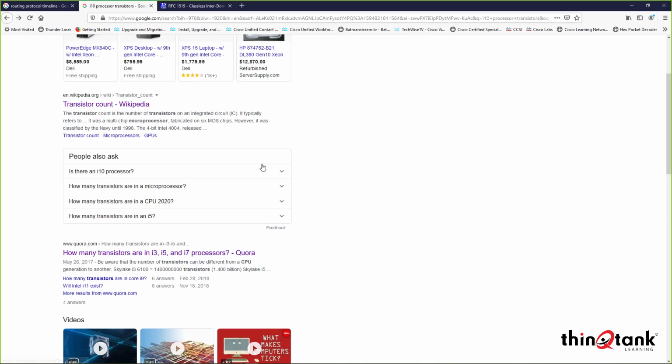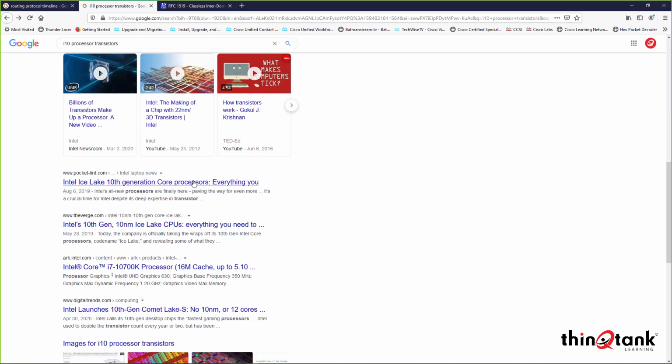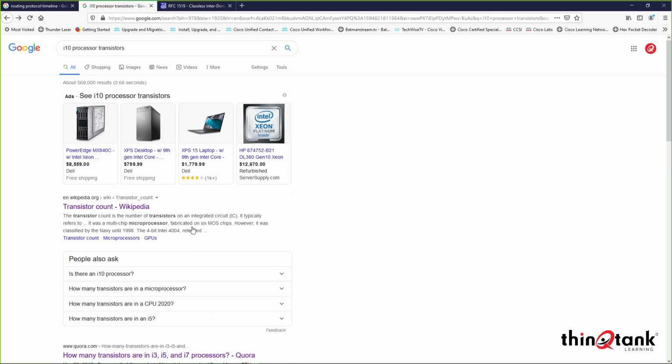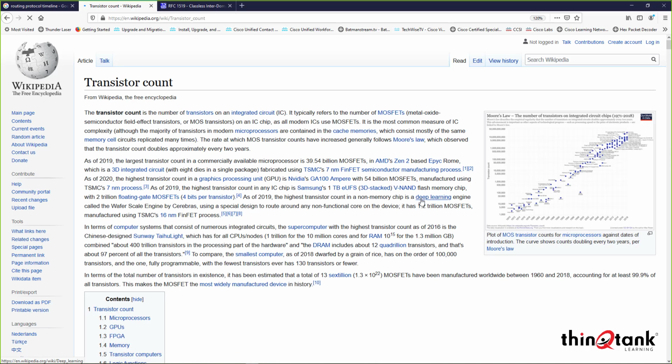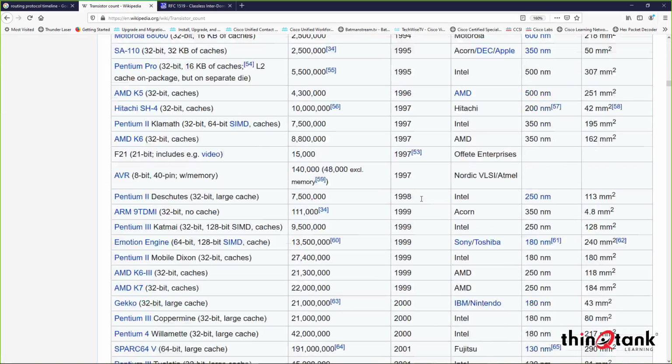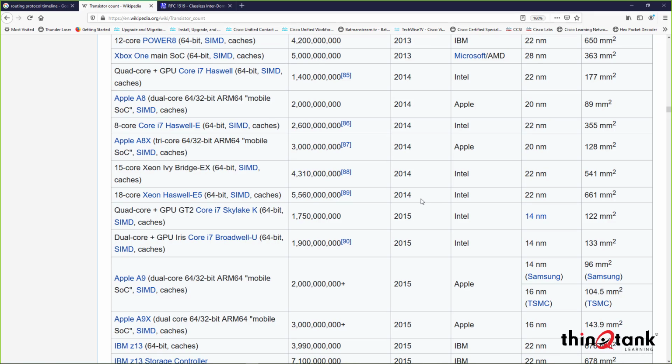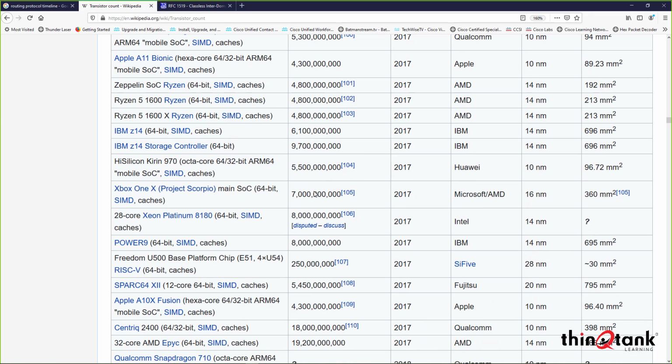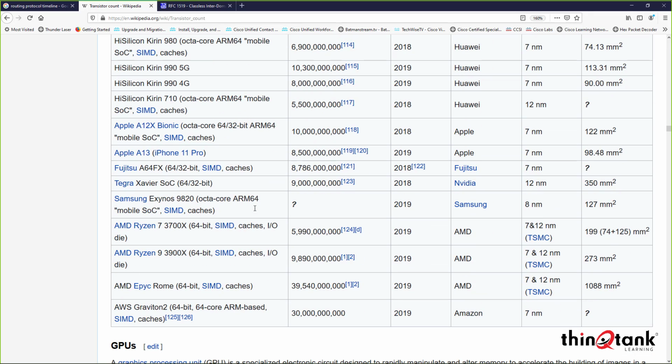So it's an interesting concept. There was a Wikipedia page, right here, transistor count, that listed all the transistors, and there's some pretty powerful ones. You get down to this down here, you got 5.5 billion in that 18-core Xeon processor, 8 billion in this 28-core Xeon Platinum 8180, 30 billion in this Graviton 2.